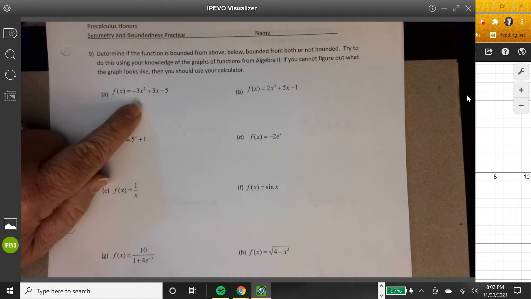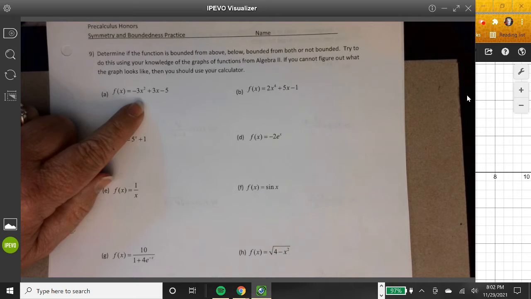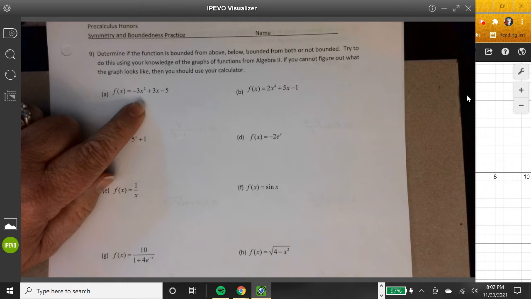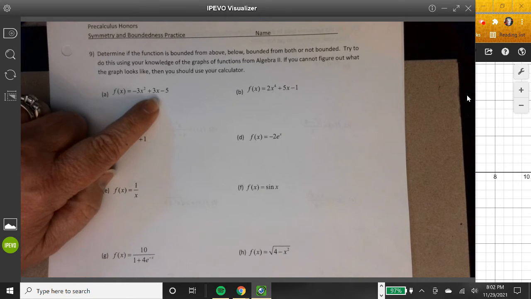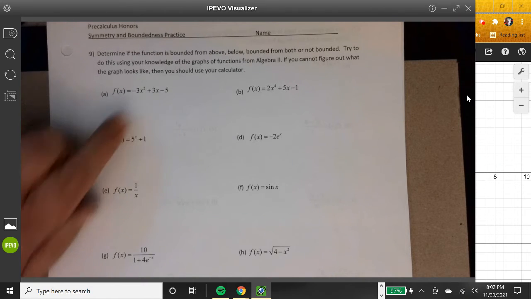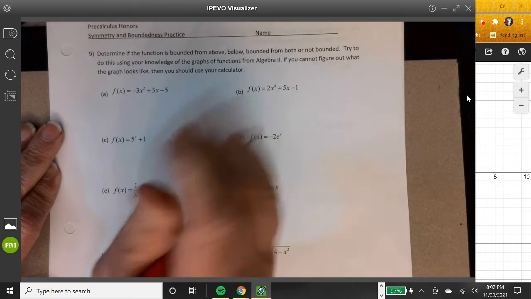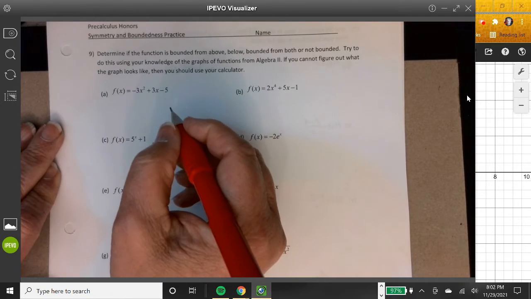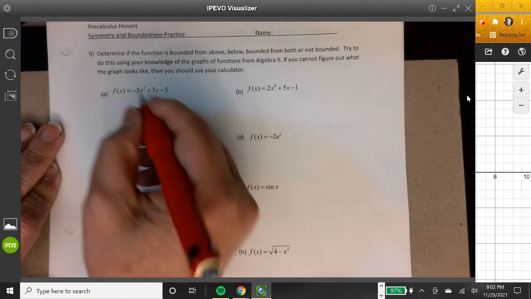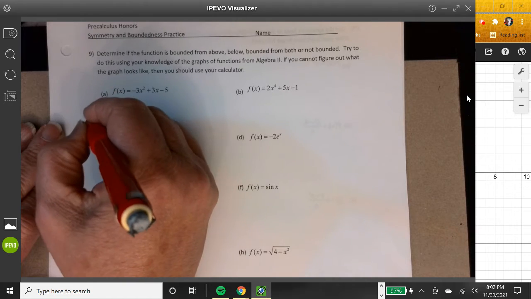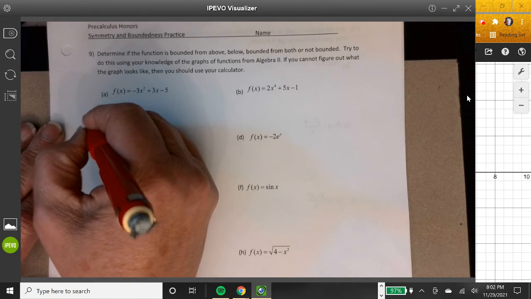All right, so what we're going to do is in our minds, f of x equals here negative 3x squared plus 3x minus 5. So what shape is this? Well, that's a quadratic. It's a parabola, and it opens down. So no matter what, it opens down.